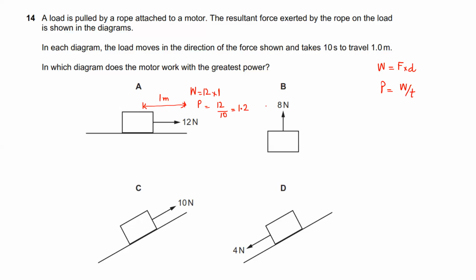So it becomes 1.2 watts. Similarly, this 8 Newton becomes work done as 8 into 1, 8 joules, and power becomes equal to 0.8 watts. Similarly, for this it becomes 1 watt, and this becomes 0.4 watts of power if you do the same calculation. So from here, we can say in which diagram the motor works with the greatest power. Answer A will be the best choice we have.